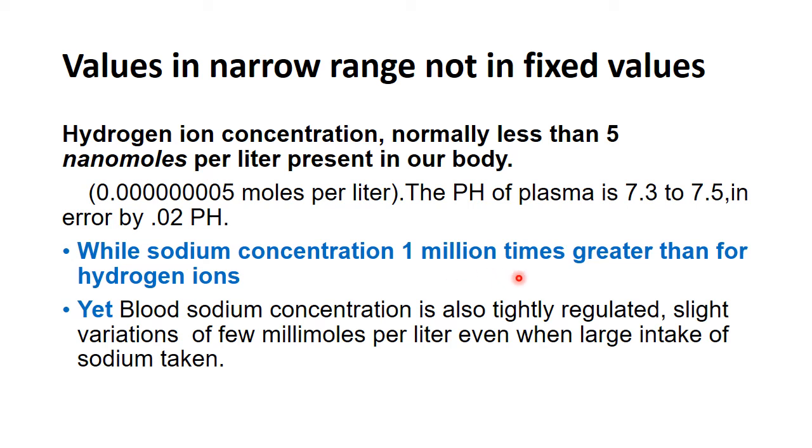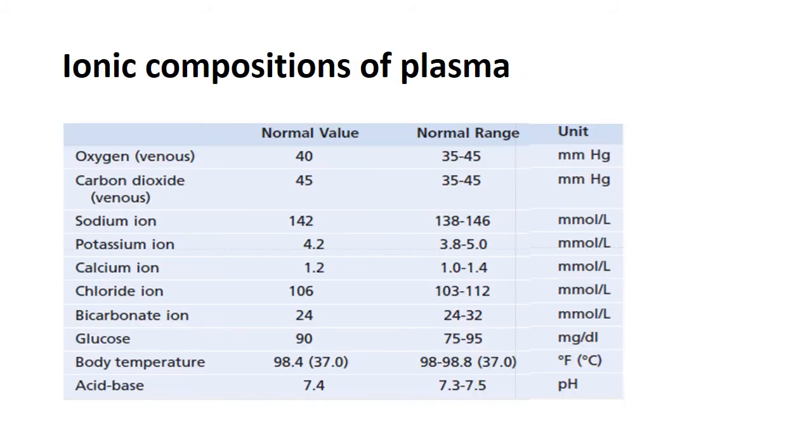But again, it is tightly regulated with an error of a few millimoles per liter, even when we take a large amount of sodium. So this is the importance of a constant internal environment.